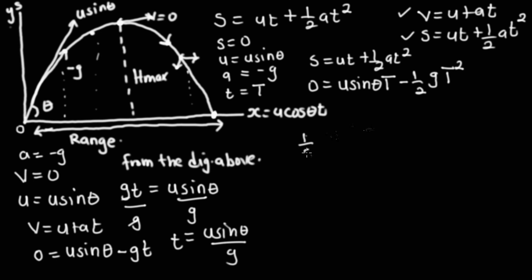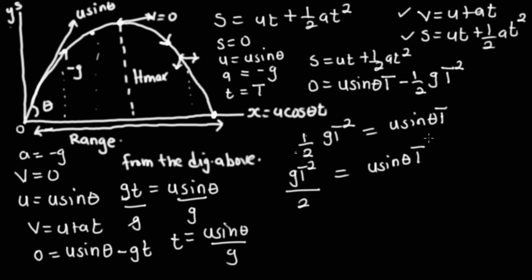Now half gt squared is the same thing as saying half multiplied by gt squared, which is going to give us gt squared over 2. So we rewrite what we have above as gt squared over 2 equal to u sine theta t. So we're going to do a cross multiplication.